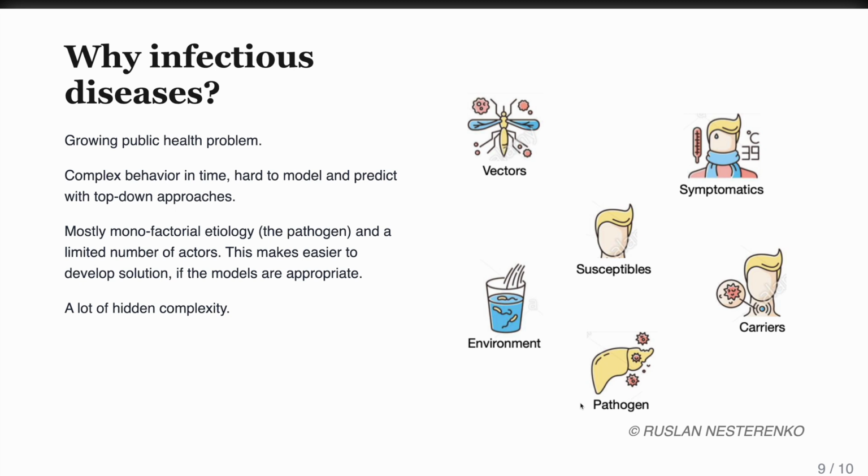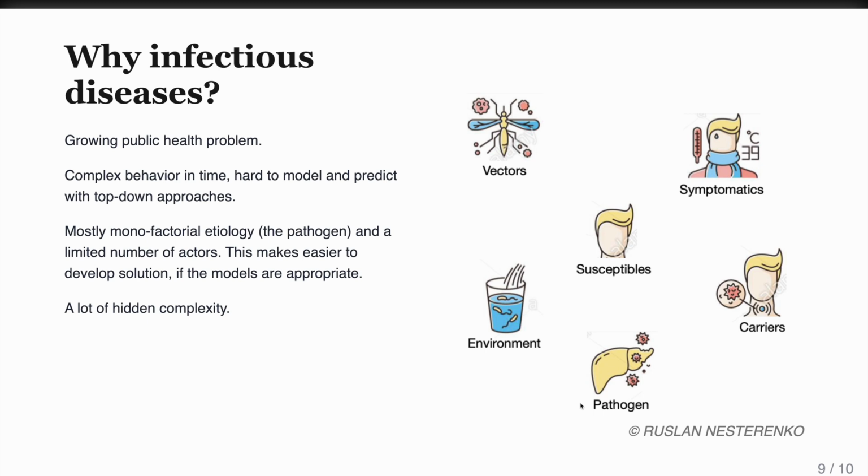Infectious diseases are also very interesting to model because they don't have many components compared to chronic disease, in which genetics, behavior, and random events mix together in a very complex way to drive your risk of heart disease or diabetes.